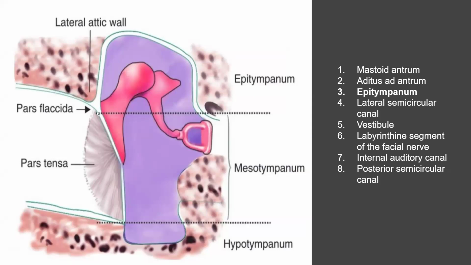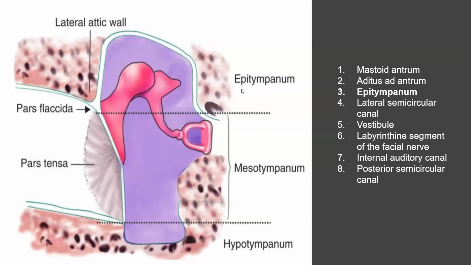Where the tympanic membrane attaches superiorly, everything above that within the middle ear cavity is the epitympanum. The part in between the superior and inferior attachments is the mesotympanum. Below the inferior attachment is the small hypotympanum. So these are the parts of the middle ear cavity: hypotympanum, mesotympanum, and epitympanum.